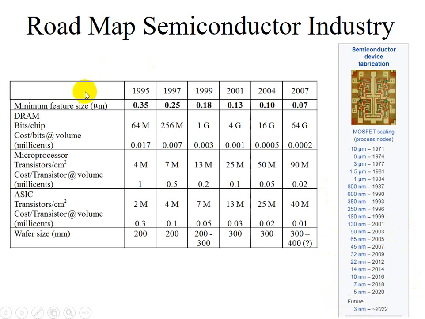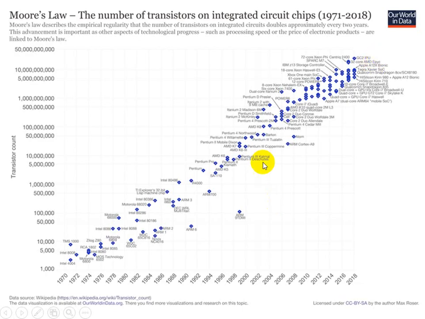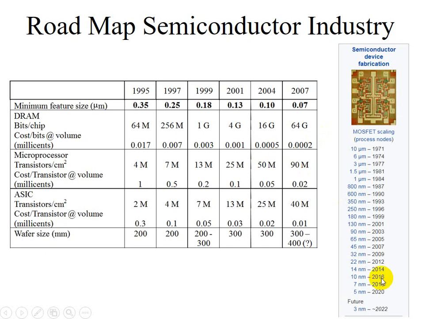And this is the so-called roadmap. According to Moore's law, you can predict when and what kind of technology you are going to push and develop, so you can have the product made according to your roadmap.